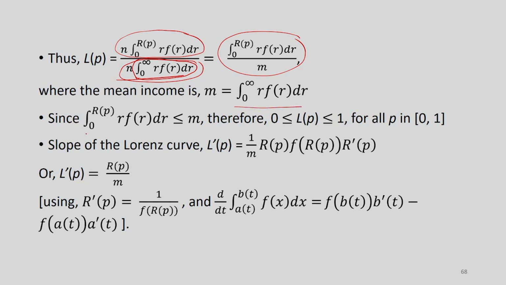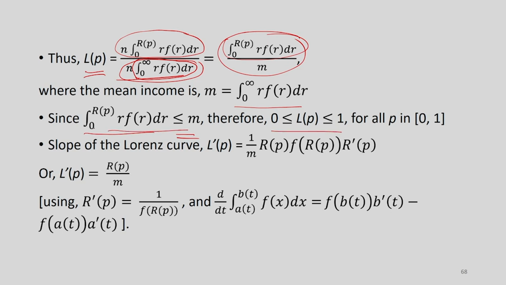Since this term, the integration from 0 to R_p, that is the numerator, is less than or equal to M, therefore L(p), that is the value of the Lorenz function, is always between 0 and 1. Why is this less than 1?